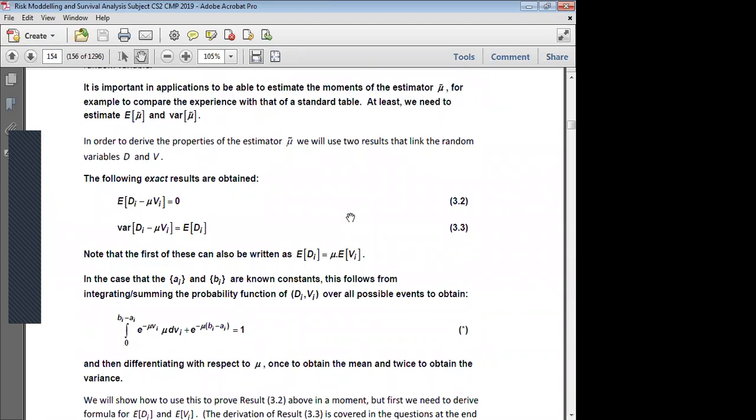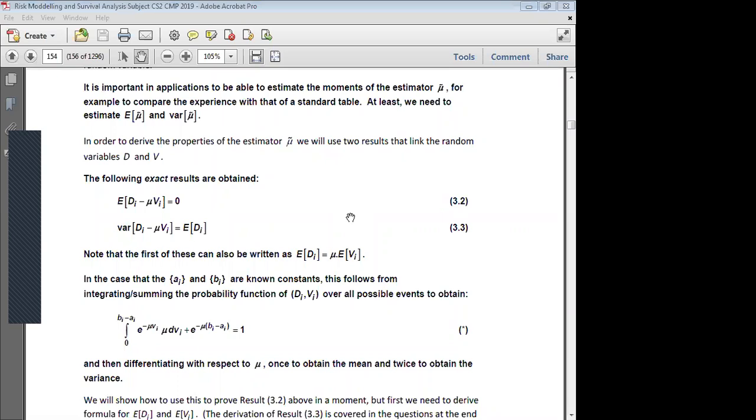To figure out the distribution of your mu, you won't necessarily have to figure out or prove these distributions, but there are just some identities and results that will be very helpful. So for those who are interested in how things are derived, I'm just going to walk you through the derivation that they have given in the book.